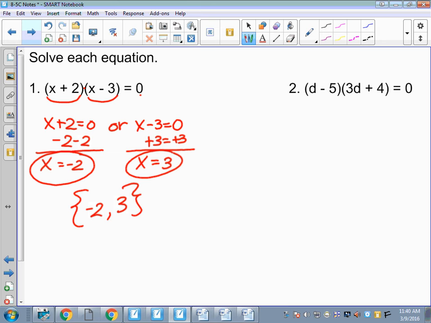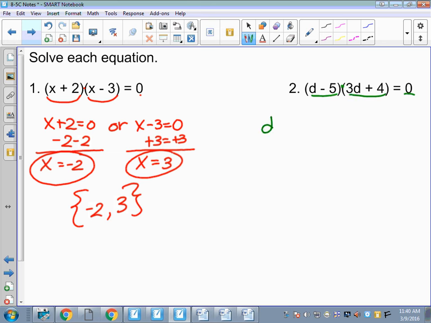Let's try number 2 here. The only difference with number 2 is one of our factors is a little bit more complicated. So we have two numbers being multiplied together. So we have a product and we have 0. We have ZPP. My two numbers that are being multiplied together, d minus 5. I don't know what d is, but whatever d is, we're going to subtract 5 from it, and that's our number there. And then the factor 3d plus 4.